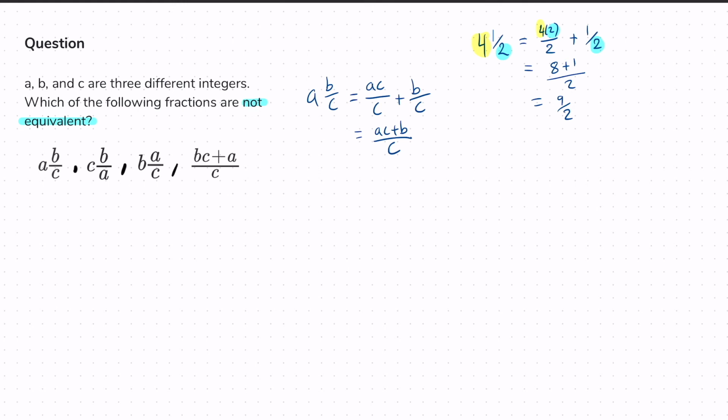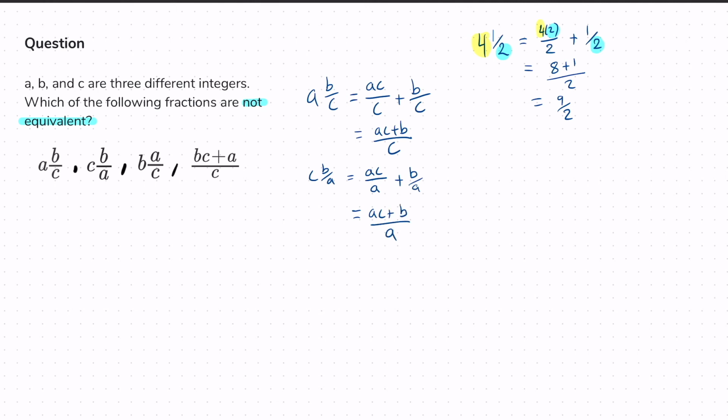The second one, right, it's got a similar form, whole number fraction. So this is A lots of C over A plus B over A, AC plus B over A.